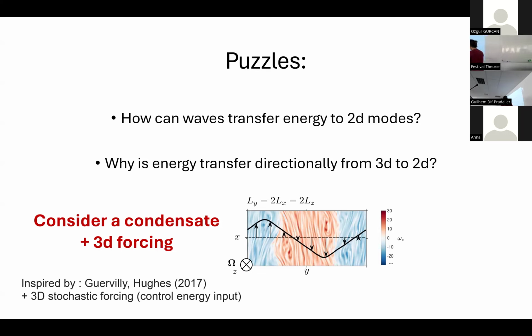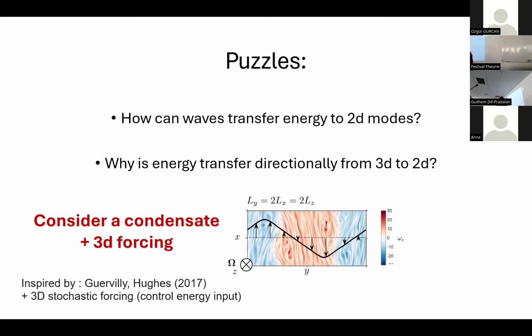And instead of the more complicated systems where everything is self-generated in the flow, we're just going to use 3D forcing that's external, white noise that injects energy at some scale, which is not the largest scale of the box, it's about mode 10 or something like that.